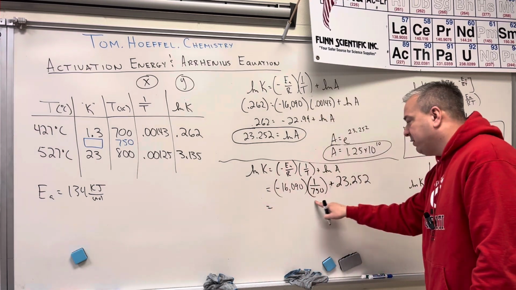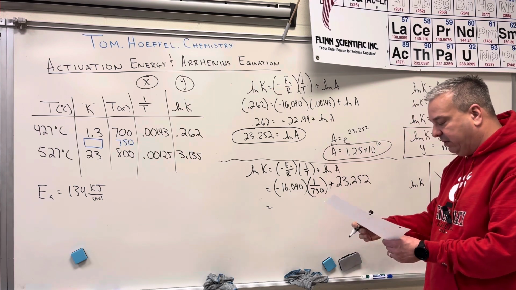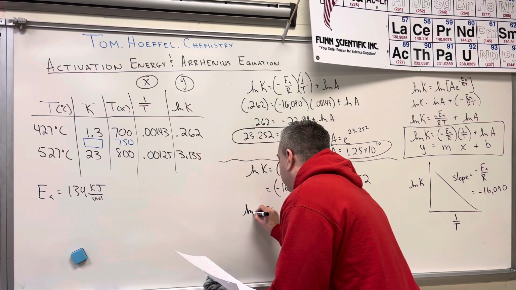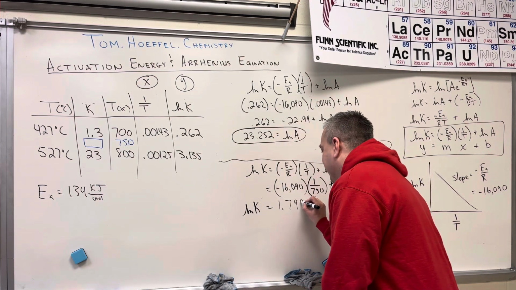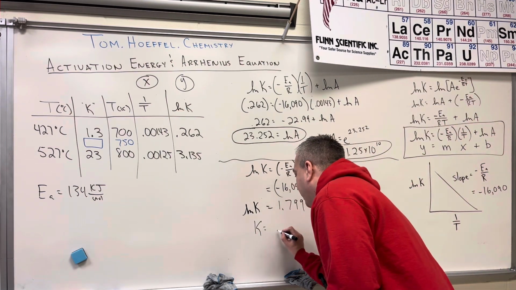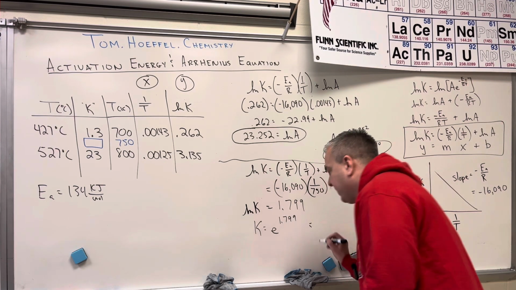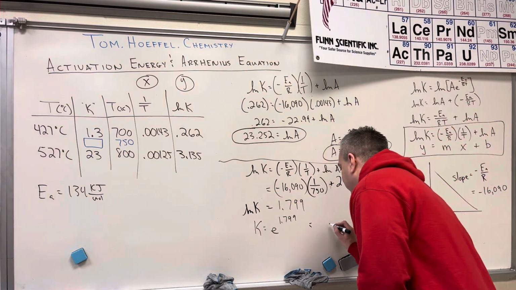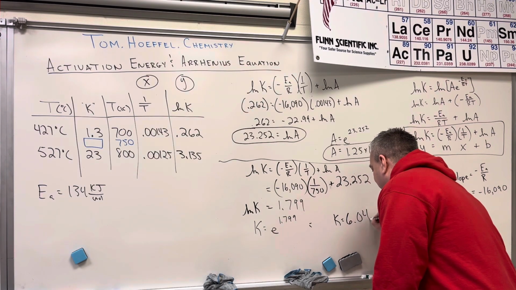So when I multiply these together and add the 23.252, I find out that the natural log of K is equal to 1.799. And if I want K all by itself, I'm going to do base e to the 1.799. And that comes out to the answer for my K to be equal to 6.04.